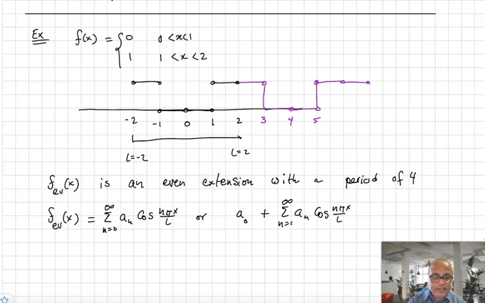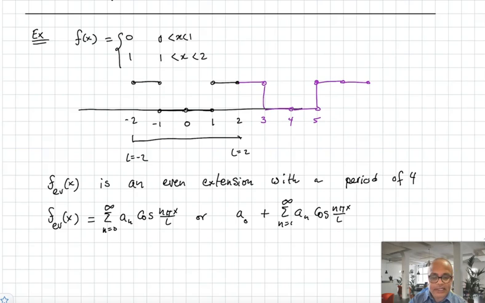So this extended function will be a Fourier series; I hope the Fourier series converges to that function. That's my hope, but I'll discuss later when it converges and when it does not converge. So for now, let's assume that the Fourier series has converged to this function.